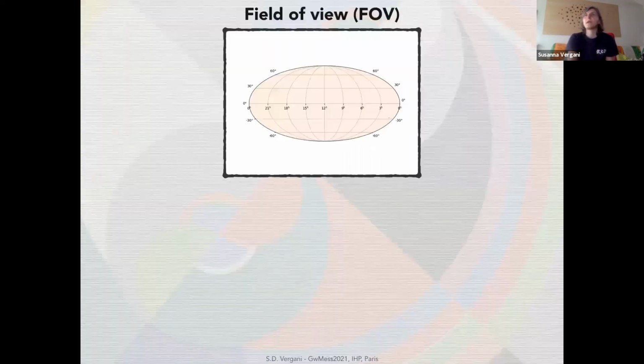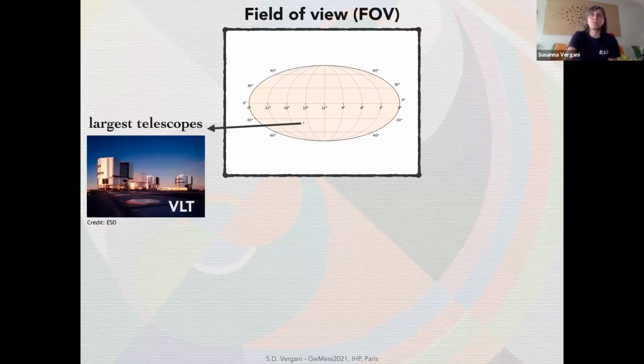If I take here the sky projection, I will show you the field of view of different telescopes. The field of view is the part of the sky that is observable with one exposure from a telescope.